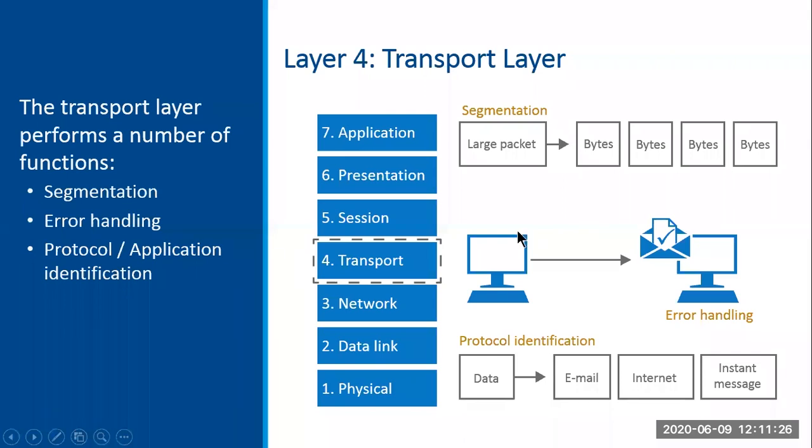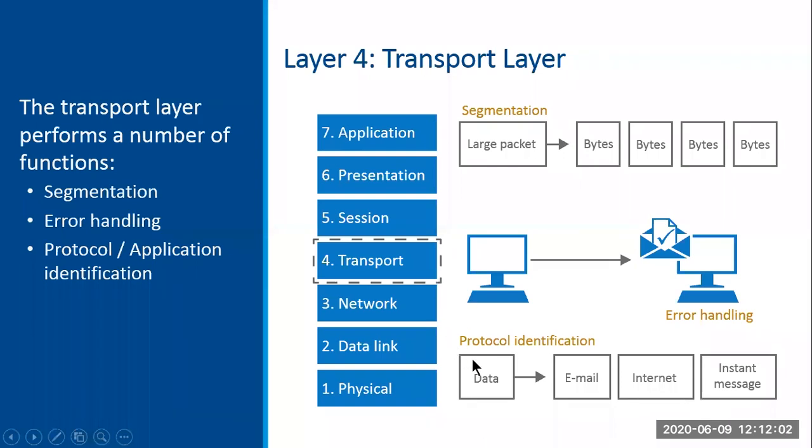One of the other big functions of the transport layer is to identify what protocol, what application, or what process the data should eventually go to. On a single machine, we could be using lots of different applications like email, browsing, instant messaging or chatting, database applications, etc. If all the data is coming in over the same connection, whether it's Wi-Fi or wired, eventually our machine has to figure out which application to send the data from each individual packet to.